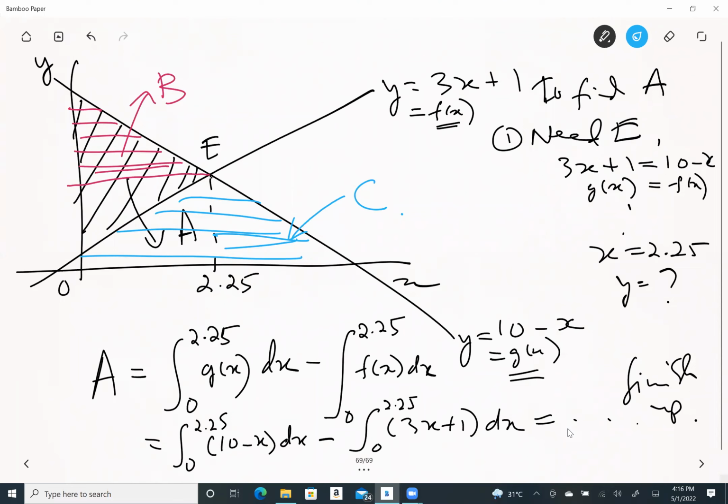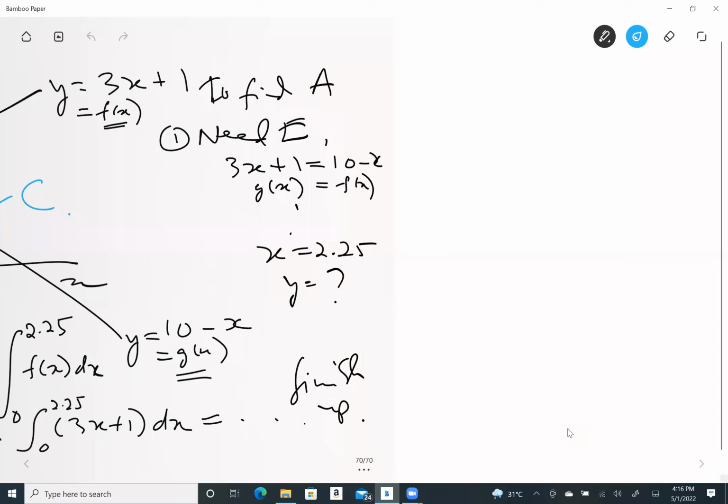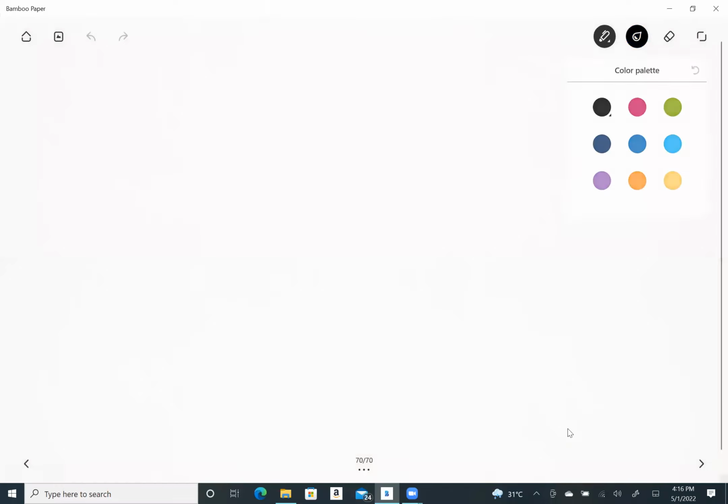If you look at applications in 13.3 and 13.2, let's look at 13.2.